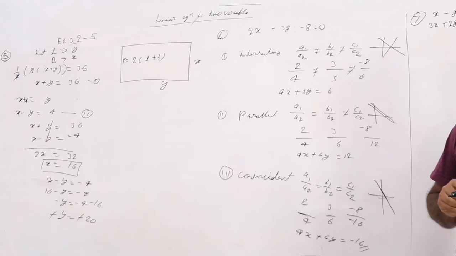Determine the coordinates of the vertices of the triangle formed by the lines and the x-axis and shade the triangular region. Correct. What is it saying?